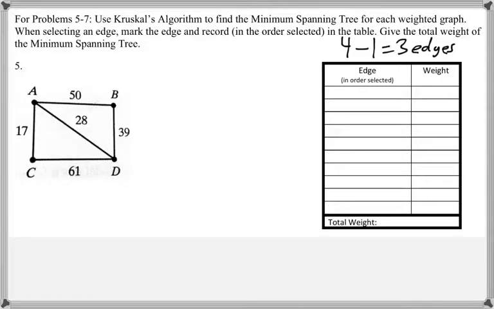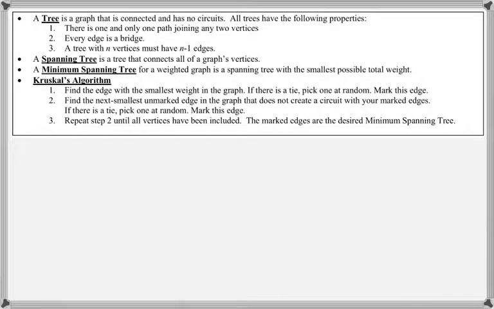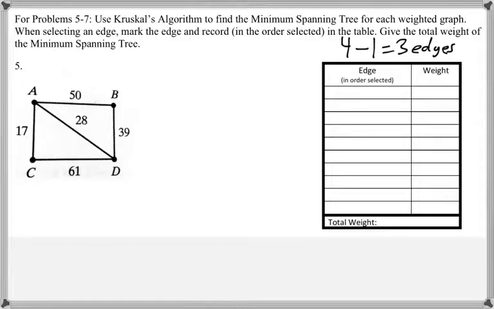And according to Kruskal's algorithm, we need to first select the edge with the smallest weight. So that would be AC, which is 17. So we are selecting AC, and that's worth 17.